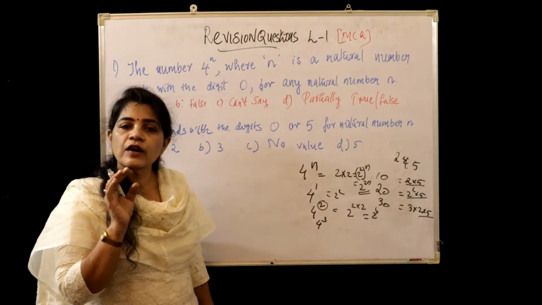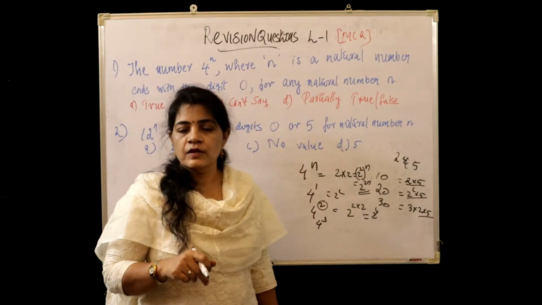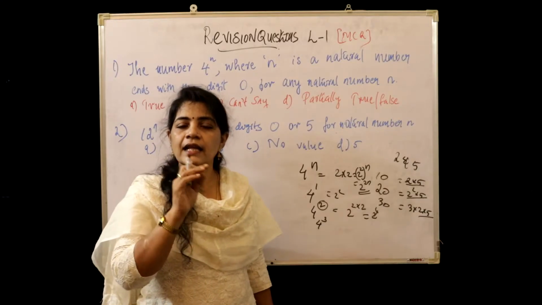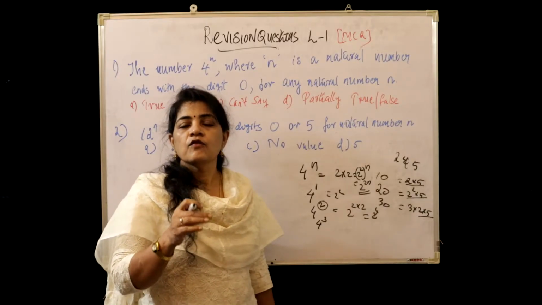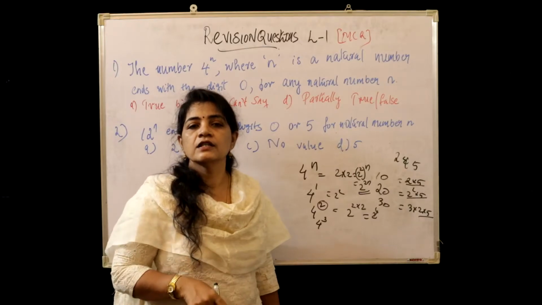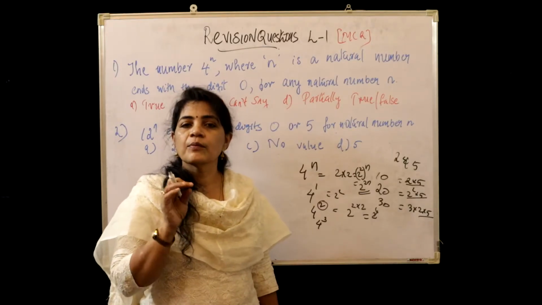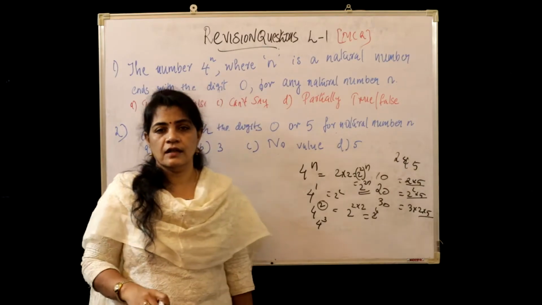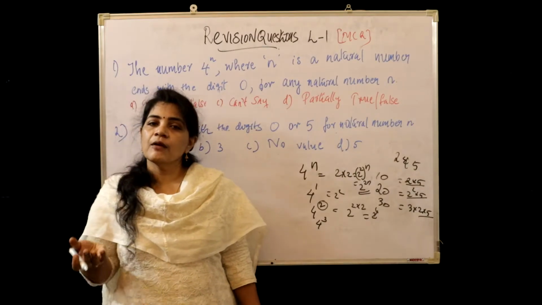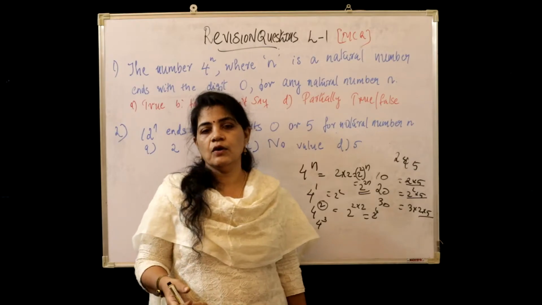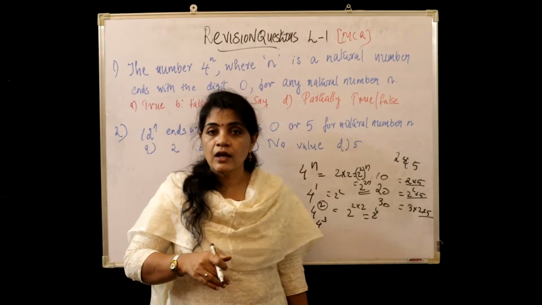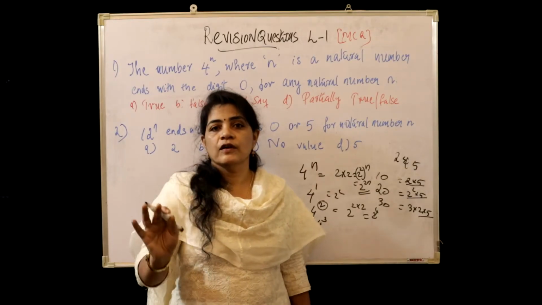The prime factor 5 is not there, which means that any number of the form 4 raised to n never ends with the digit 0, because in the prime factorization of 4 raised to n, the prime factor 5 is not there. Or in other words, a number which ends with the digit 0 must be divisible by both 2 and 5.